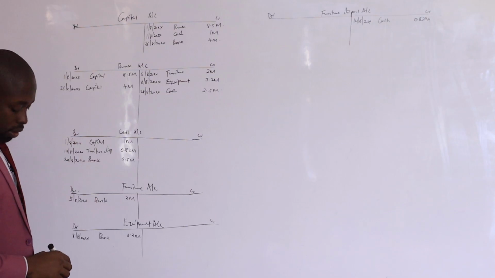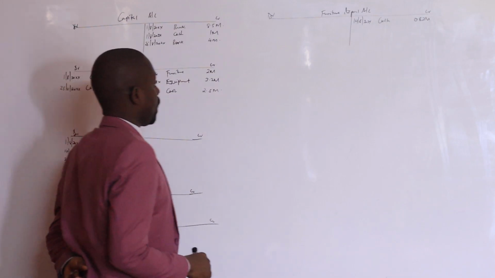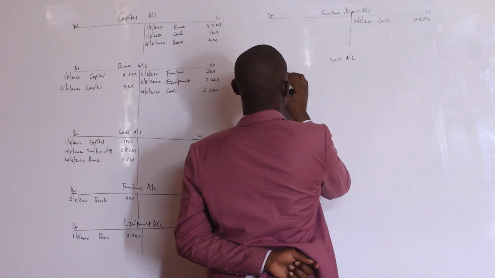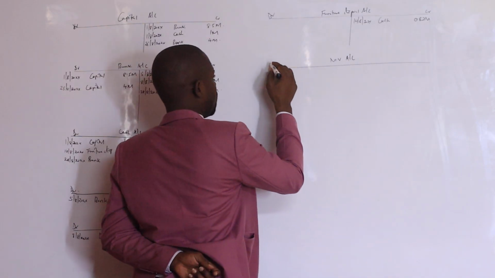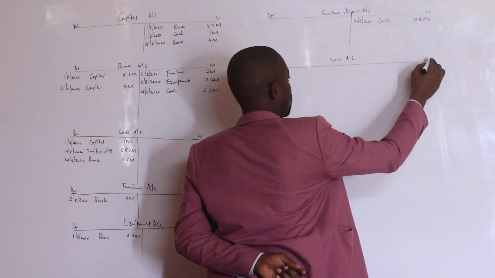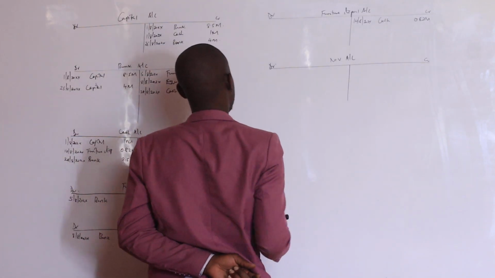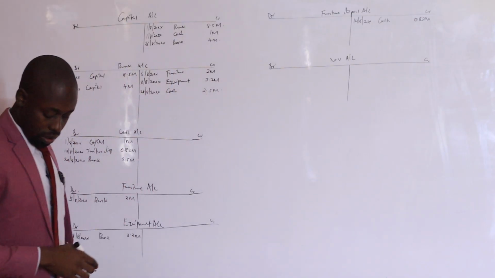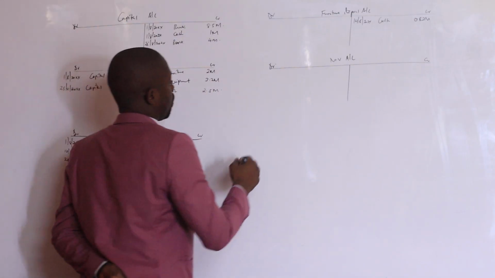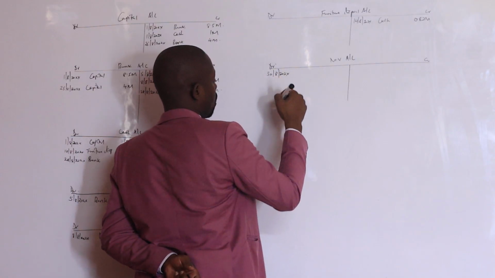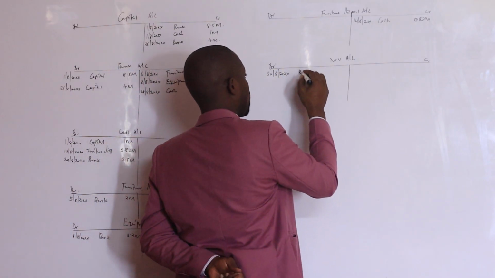Lastly, bought motor vehicle worth 3.4 by check. We have a motor vehicle account here. We have debit, credit. It's an asset increasing, so we shall debit it on 30th. We bought it by check.